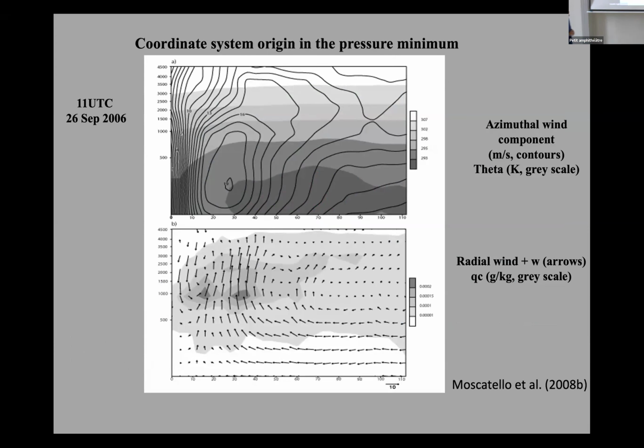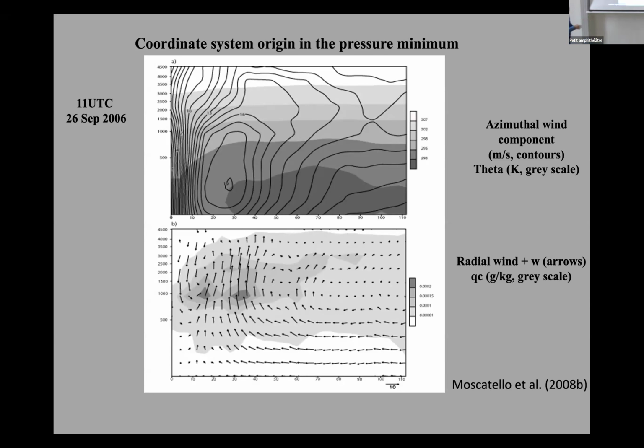So you can see that in the top panel, it's shown the presence of a maximum wind at about 20-30 kilometers from the center. In the low level, the presence of a warm core, some upward motion at the side of the eye wall, and descending motion in the center with the clouds forming mainly at 20-30 kilometers.